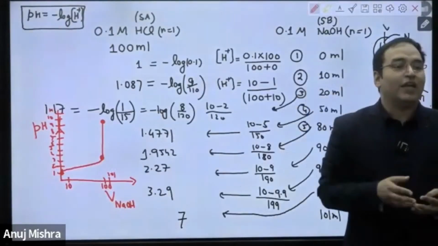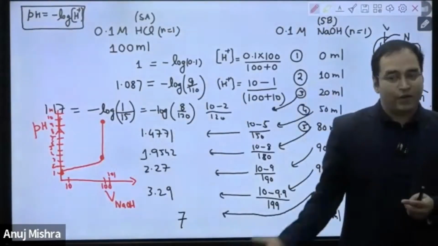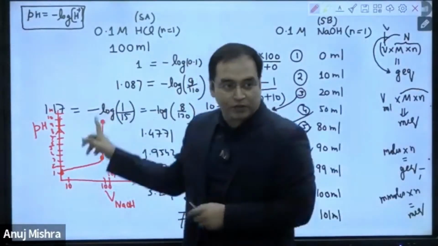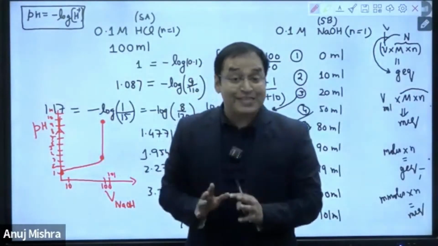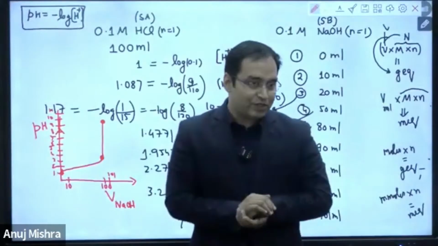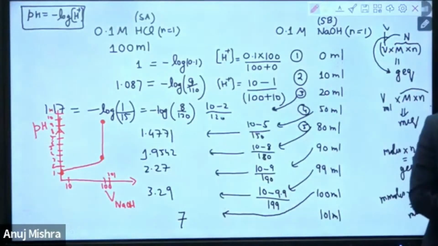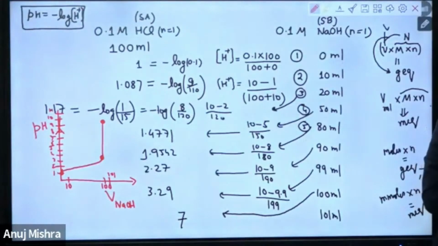Then you try to reiterate, try to get it, which will be very complex because in just 1 ml it's a shoot up kind of situation. Can you observe this point? Hence this titration is a complex titration and it needs a very good indicator, so that it can indicate where exactly titration is complete.